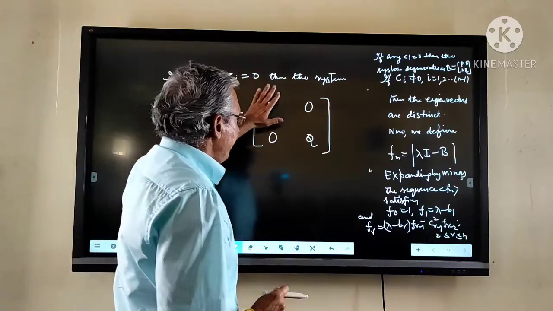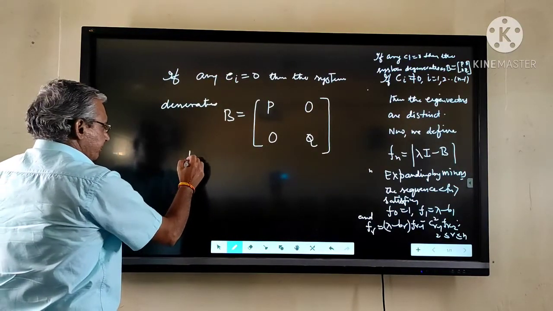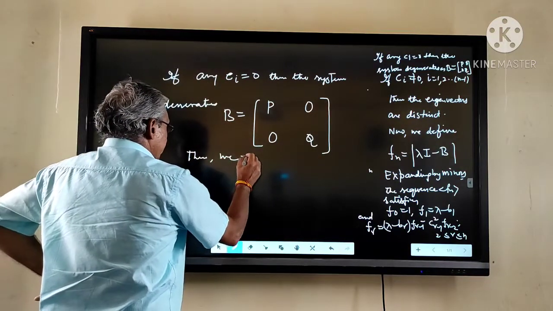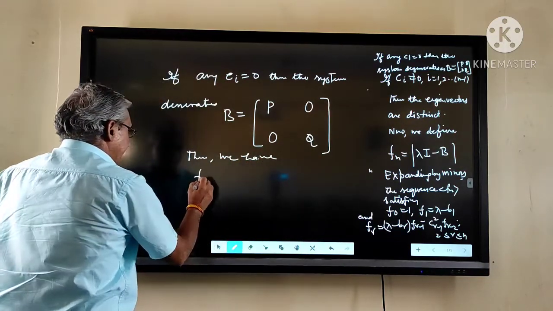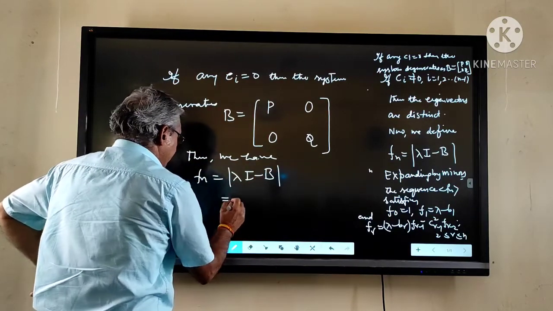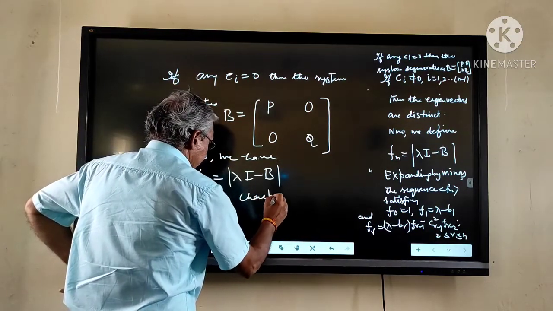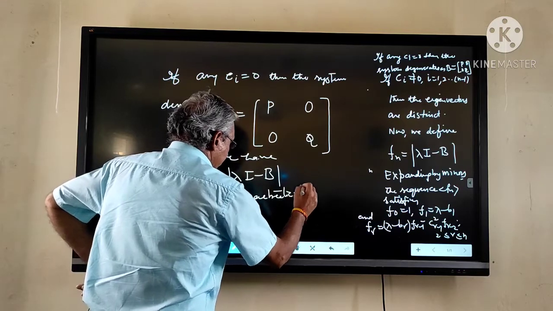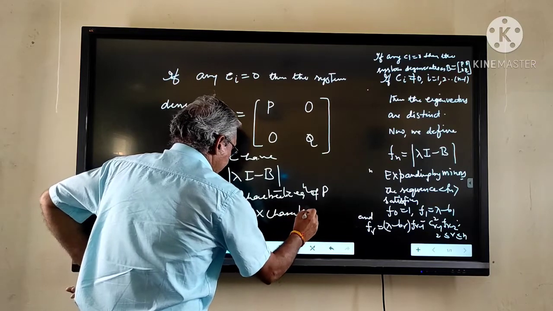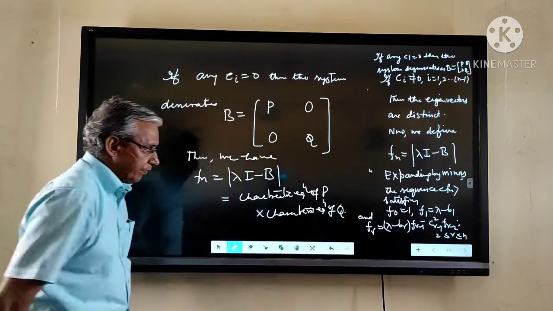In this form it is P and Q. Then we have Fn equals determinant of lambda I minus B, which equals the characteristic equation of P into the characteristic equation of Q.